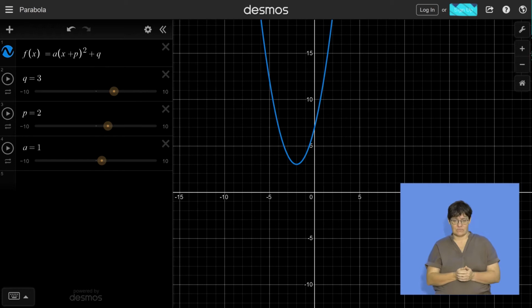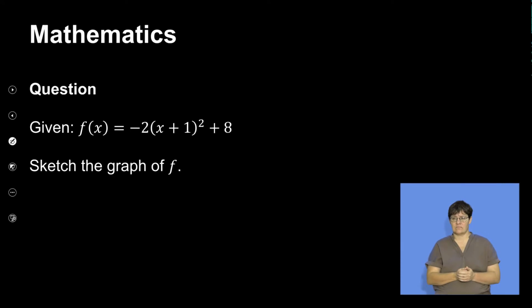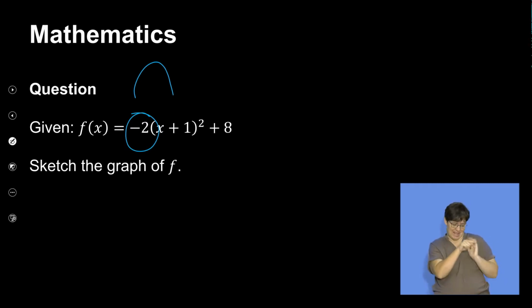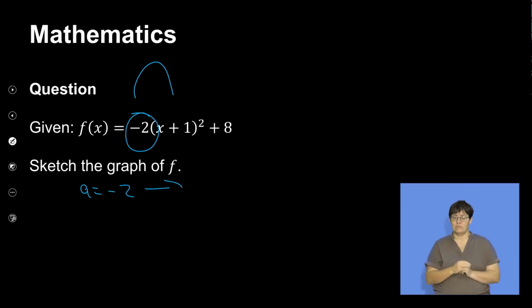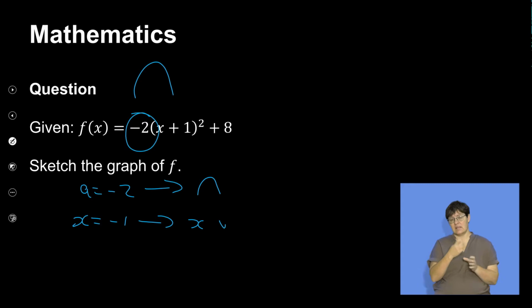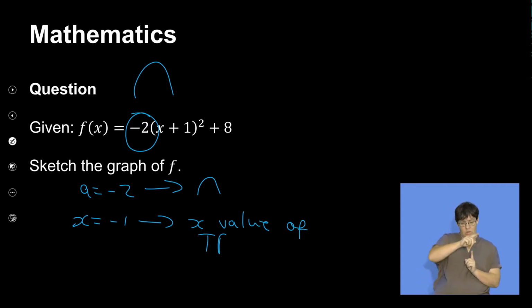But now, looking at the one that we have, because we need to know how they move from one function to the other. The negative already tells us that we're dealing with a sad face, so we do know that. So a equals minus 2, which simply means that this is a sad face, right? And then my p value is 1, so x equals minus 1 is the x value of the turning point, right?